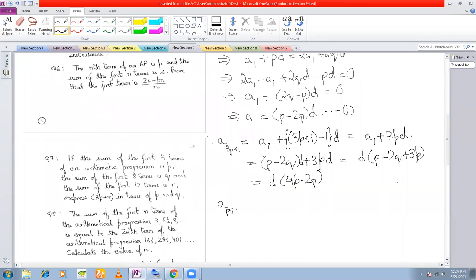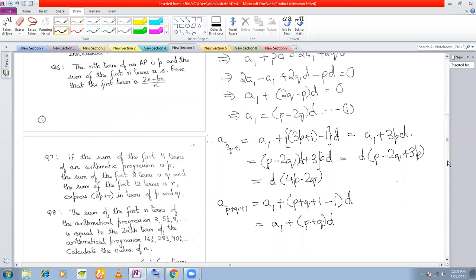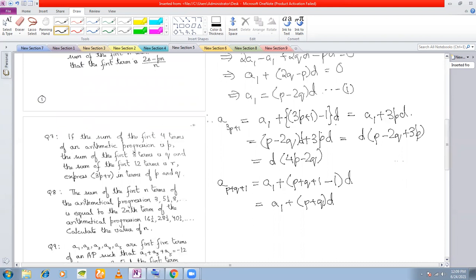A(P plus Q plus 1)th term is equal to, again write from the formula, A1 plus (N minus 1) into D. You have N here as P plus Q plus 1, minus 1, into D. So now what do you have? You have A1 plus (P plus Q) into D. Now from 1, put the value.